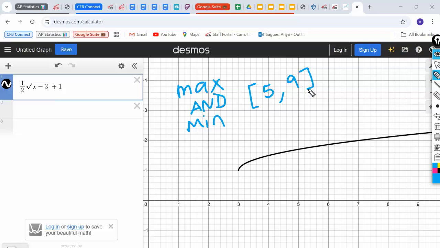And some of you may have seen this before, some of you may have forgotten. But when we have something like this, remember that we type it into Desmos, and we do the less than or equal to x less than or equal to. So remember, please write this down.